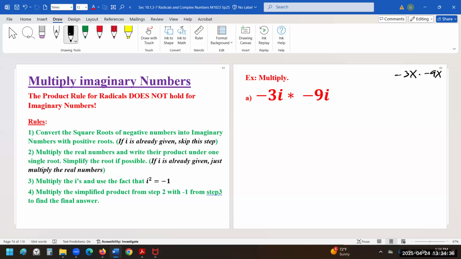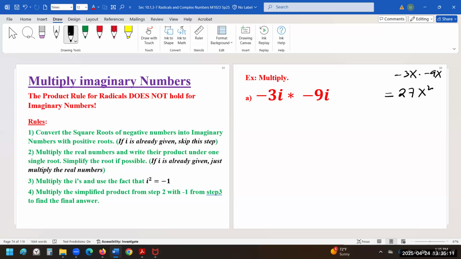If you multiply -3x times -9x, what do you get? You're multiplying -3 times -9, and x times x. So what do you get? Not 12, right? 27. So -3 times -9 gives you 27. And then x squared. So for x, we get 27x squared.